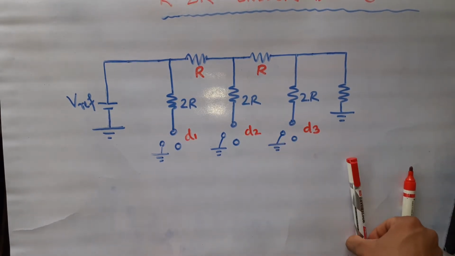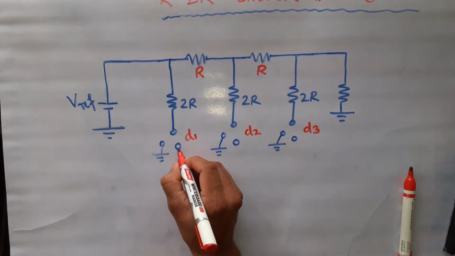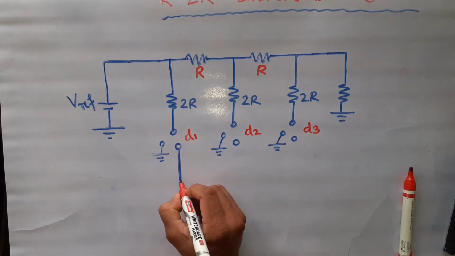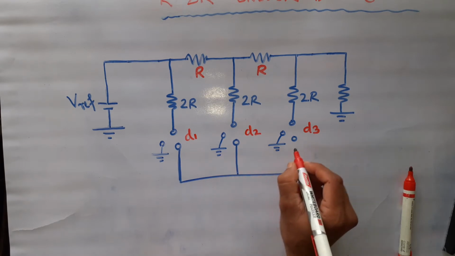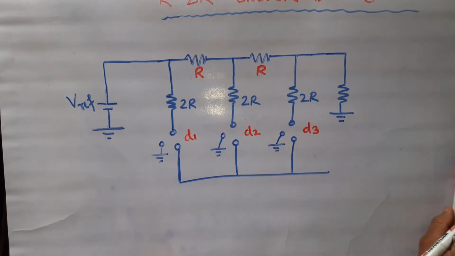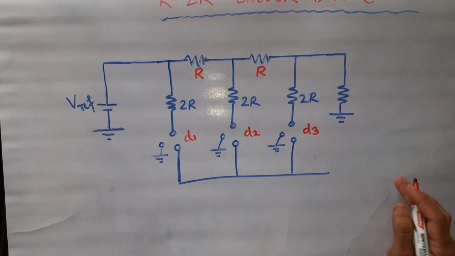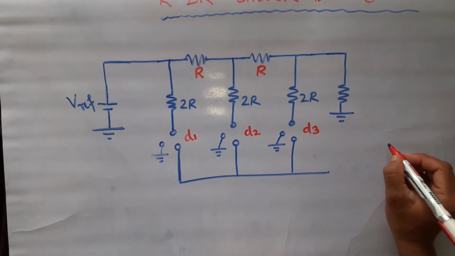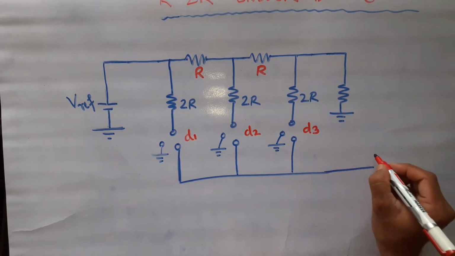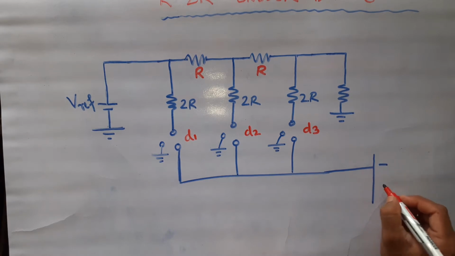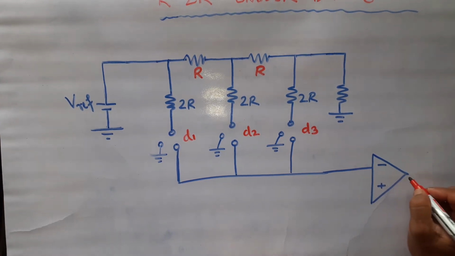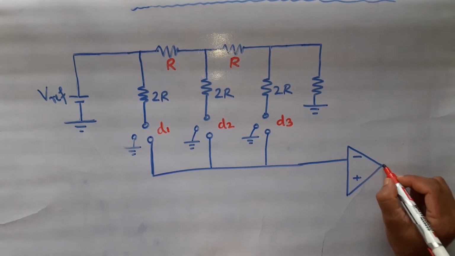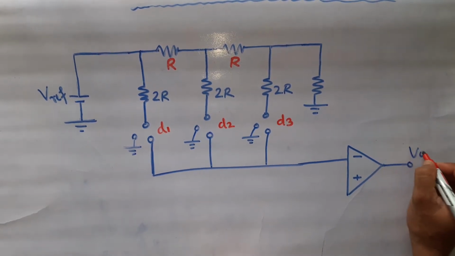Whereas the other terminal is taken as sum and given to a summing amplifier. Here you will be having one summing amplifier. This is your V0.